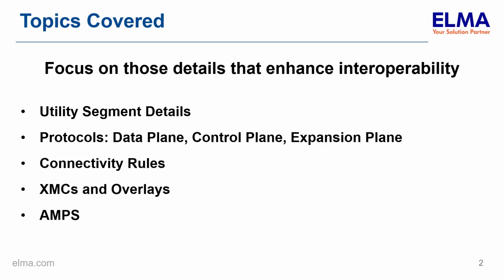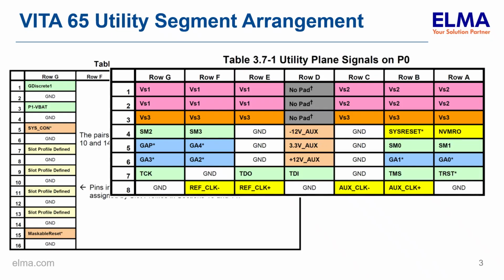So, let's dive in. The VITA 65 utility plane is composed of 2 regions, the P0 connector, which we see on the right, plus a portion of the single-ended pins of the P1 connector that we see on the left.